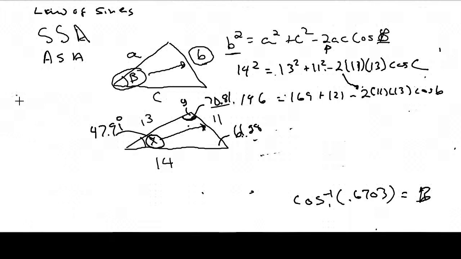Whenever you have side angle side, you want to use law of cosines. And it doesn't matter what side you start off with, because we just did this twice, right? Just don't forget the 2, I guess.